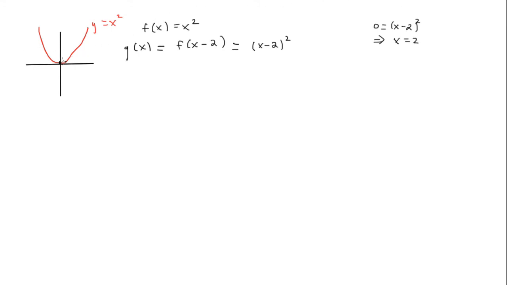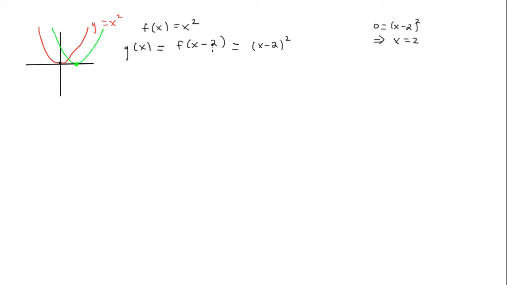So this point here on the new graph, that vertex, should be 2 units to the right, even though the subtraction here might make us think that it goes to the left. And if we were to do the same sort of thing for every point on the red parabola, we'd probably get the idea that all they do is also shift 2 units to the right.